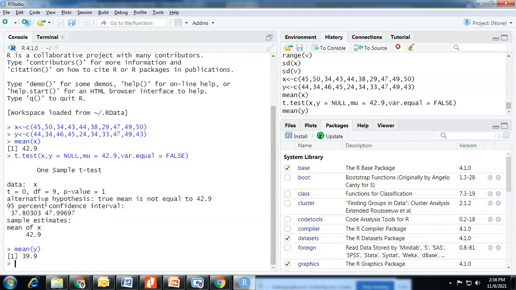It is 39.9. Now we will rewrite the statement: we take y, then x equal to null, and the mu value we put 39.9. Then press enter.